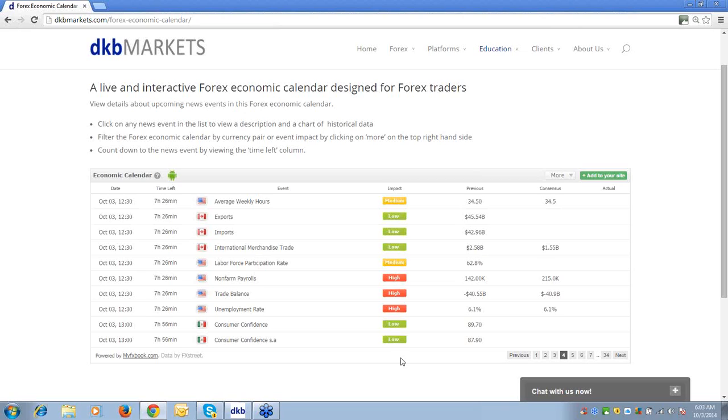The words never or always do not apply to the financial markets, but there's a high probability the markets will move at 1:30 when the unemployment reports come out because of the huge importance. So we will certainly not be waiting till 3 p.m. before we place our first trade, and we'll certainly be getting ready to trade just before the unemployment report at 1:30 p.m. GMT plus 1.